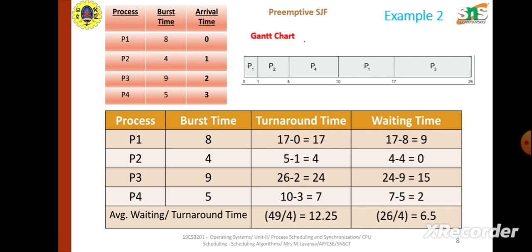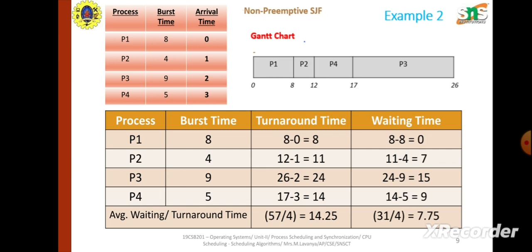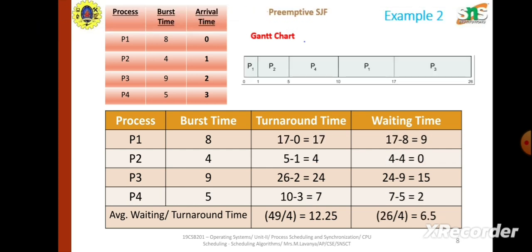So from this Gantt chart, we will find the turnaround time and the waiting time. What is the formula for finding the turnaround time? Turnaround time equal to completion time minus arrival time. So for processes P1, P2, P3 and P4, we find the turnaround time using that formula. 17 minus 0 equal to 17 is the turnaround time of process P1.